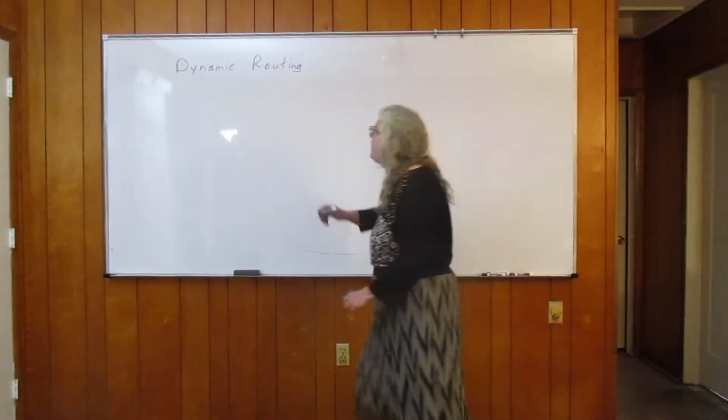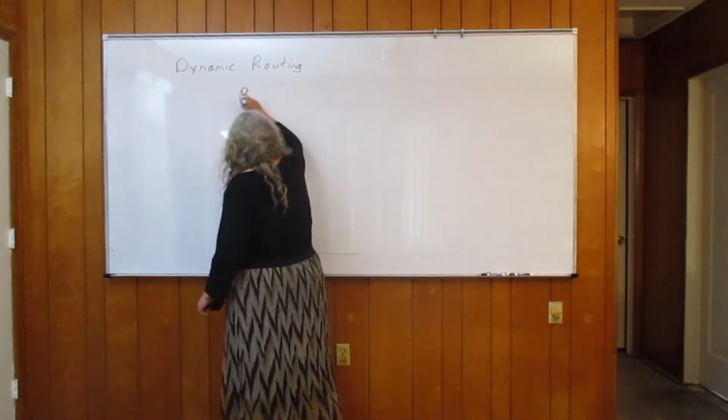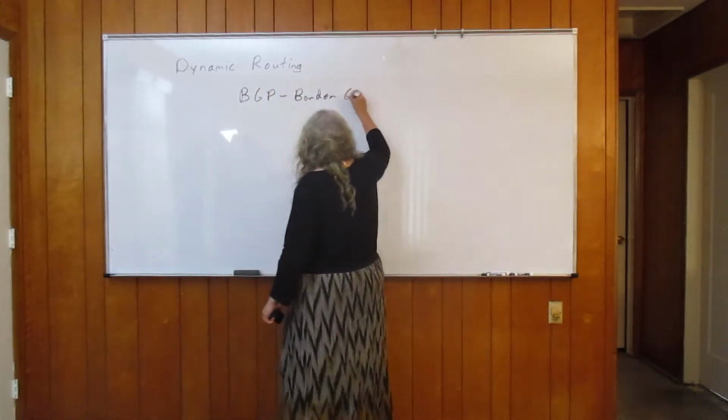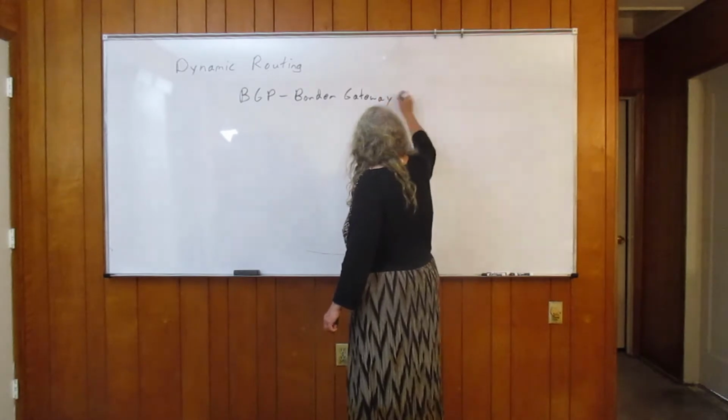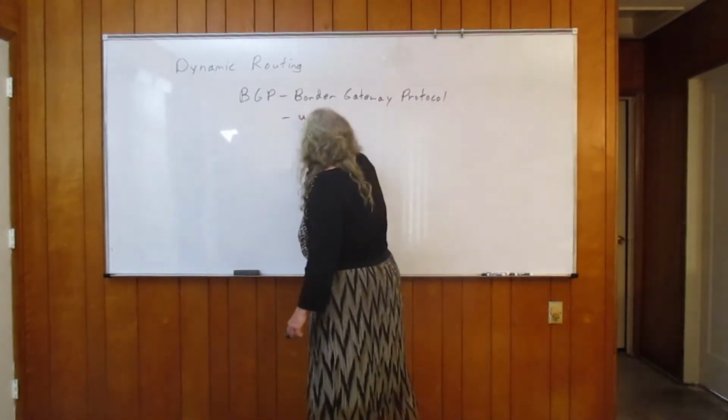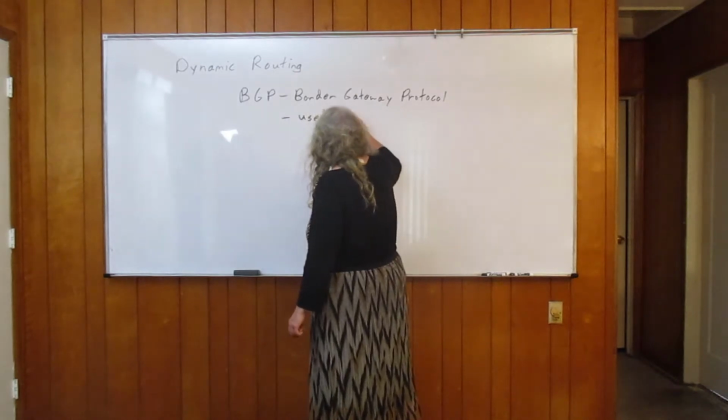Let's go back to another distance vector algorithm, BGP, the Border Gateway Protocol. This is used between autonomous systems.